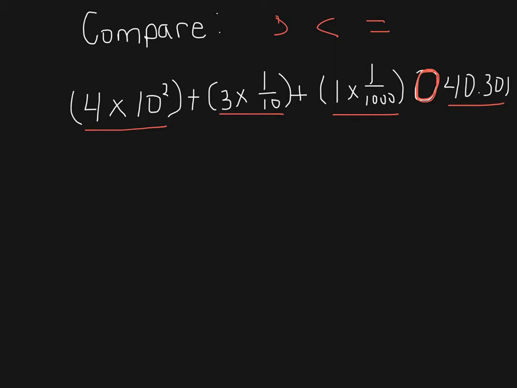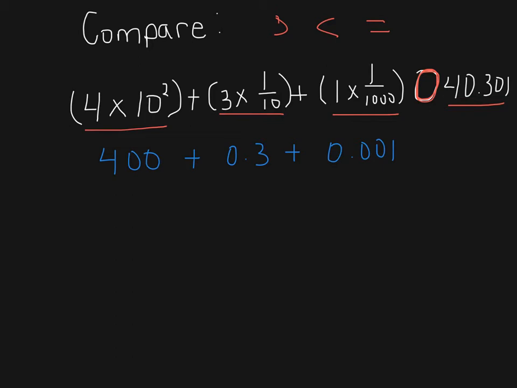So 4 times 10 squared is going to be 400, and 3 times 1/10 is going to be 3/10, and 1 times 1,000th is going to be 1,000th. And then I need to add them all together.